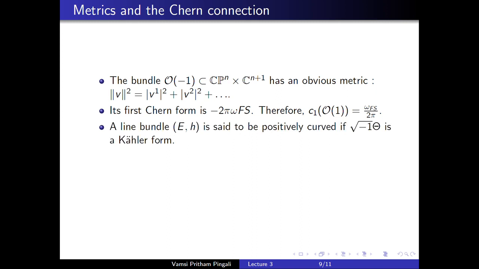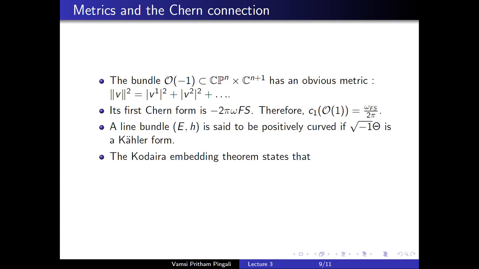A holomorphic line bundle E with a Hermitian metric h is said to be positively curved if square root of minus 1 times the curvature Theta is a Kähler form. In other words, if this procedure of producing Kähler metrics by taking line bundles and the curvatures of metrics on them, just like for the Fubini-Study form, works, then such a line bundle is called positively curved. So the O(1) line bundle with the obvious metric is positively curved.